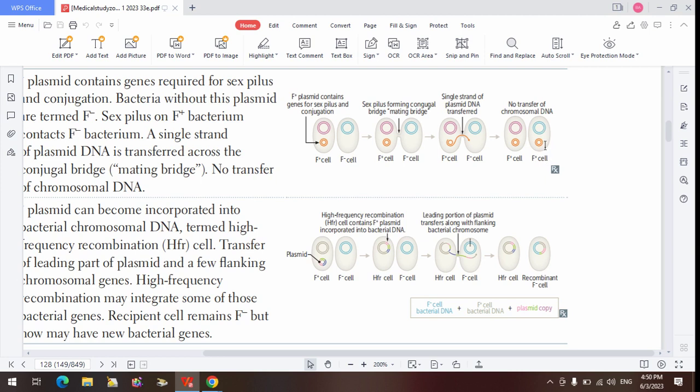If the plasmid incorporates into the chromosome, it becomes recombinant. And you guys can remember the reason why they do that recombination. They do that recombination so that they can transfer their bacterial chromosome to another cell. If you don't do it, you cannot transfer your chromosome. You can only transfer plasmid. Do you get it?